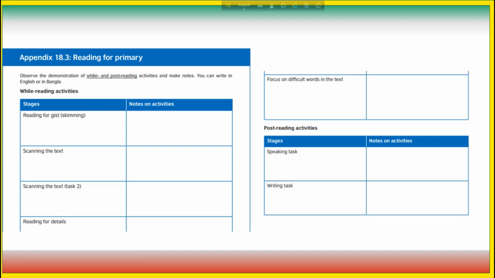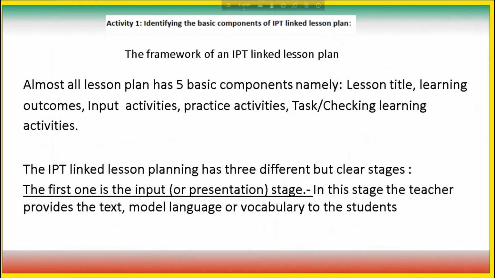Post-reading activities: speaking tasks and written tasks. This type of lesson plan is provided from TMT, and here are instructions to add to this session. We also connect it with our IPT lesson plan. Activity 1, identifying the basic components of IPT linked lesson plan.